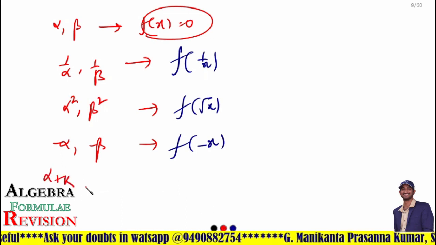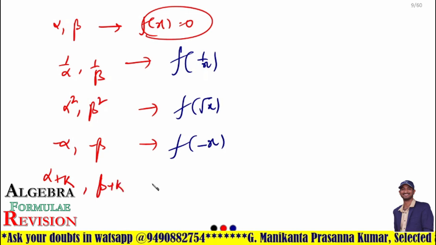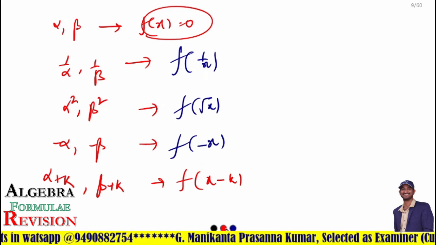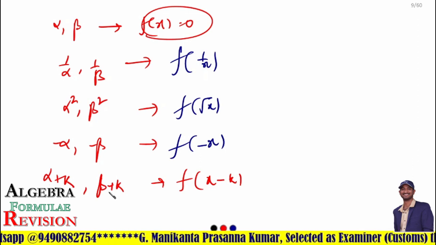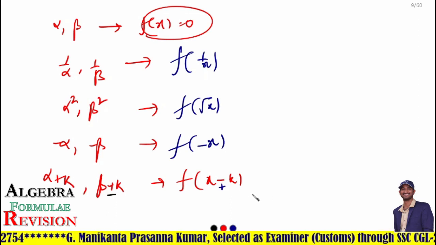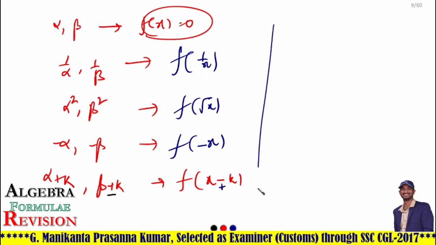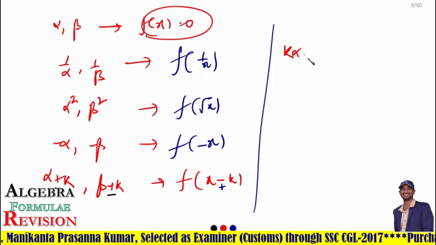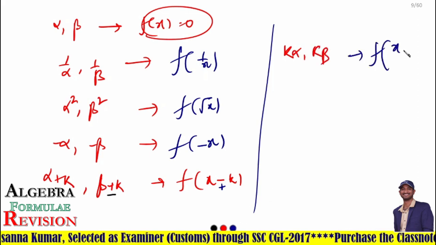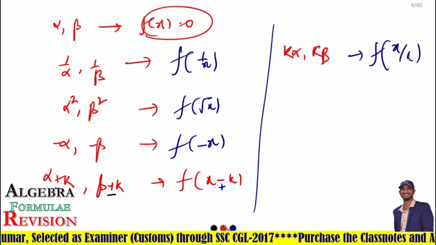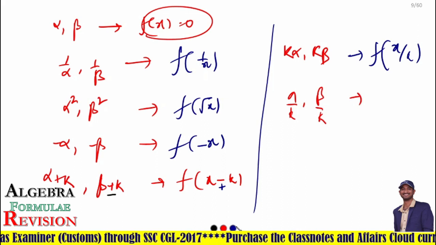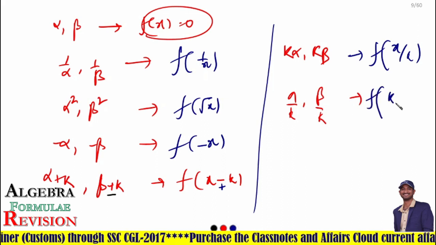Alpha plus k and beta plus k are the roots of f of x minus k. Similarly minus alpha minus k and beta minus k are the roots of f of x plus k. Similarly, k alpha, k beta are the roots of f of x by k. Similarly, alpha by k, beta by k are the roots of f of kx.